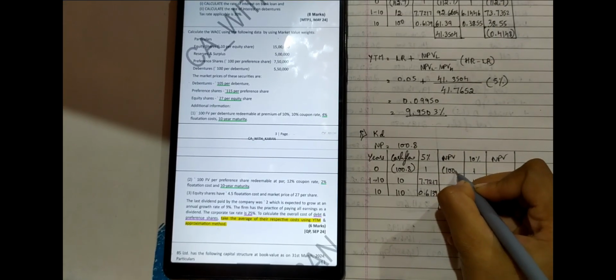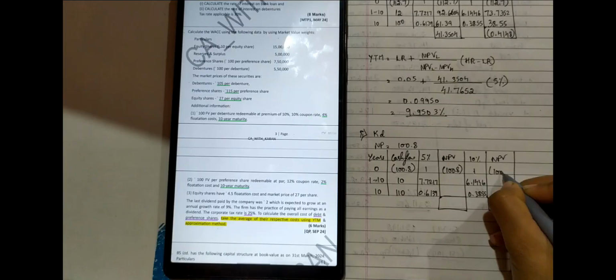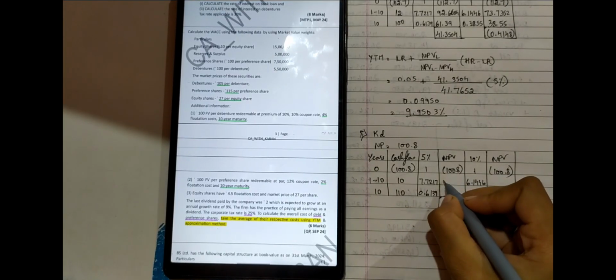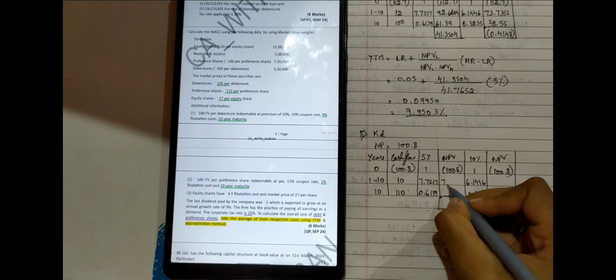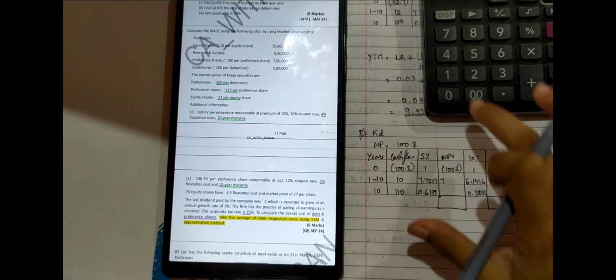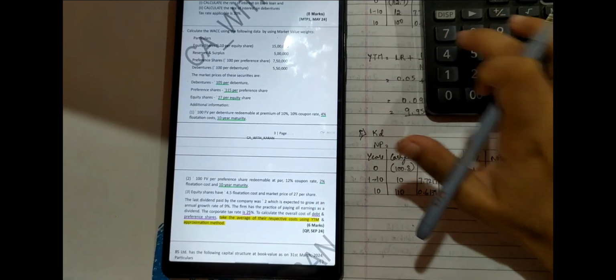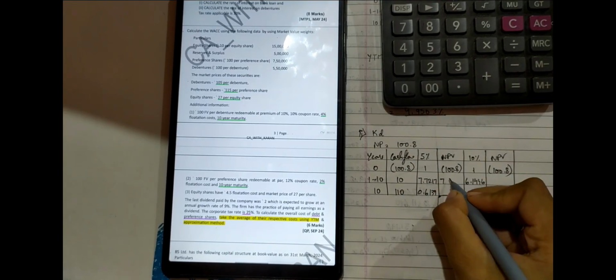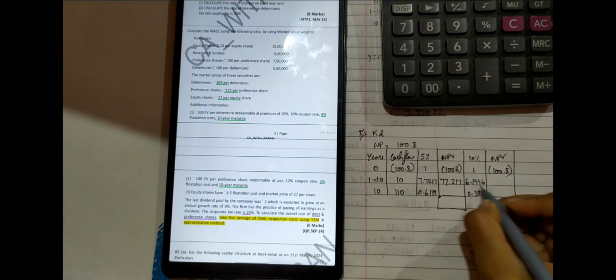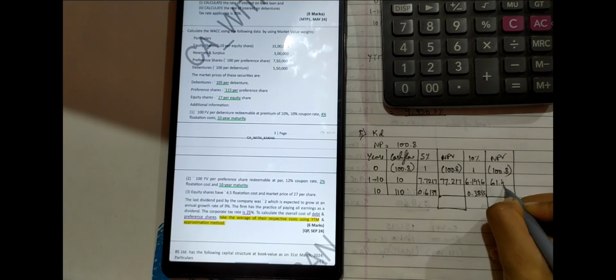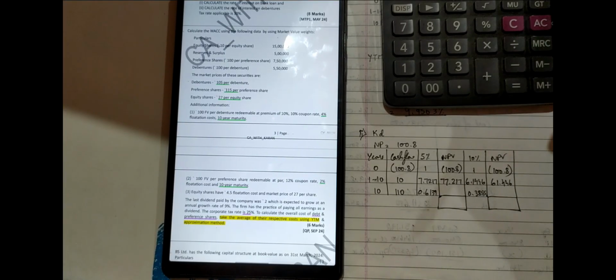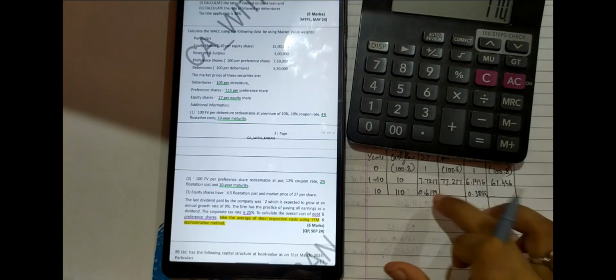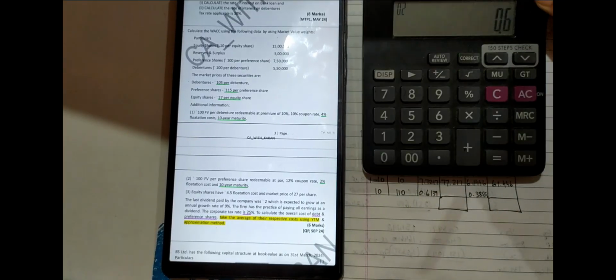So 100.8 and then 10 into 7.7217. So it is 77.217 and 61.446, and then 110 into 0.6139.